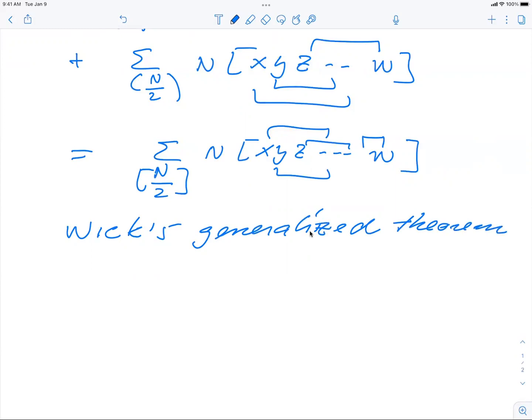What Wick's generalized theorem says is that if you have an arbitrary product of chains of normal ordered operators, then the expectation value of these quantities can be rewritten as the sum over all the contractions between operators from the different chains, but not within the chain itself. So let me write it down here. So Wick's generalized theorem, and you will see a demonstration of this immediately.